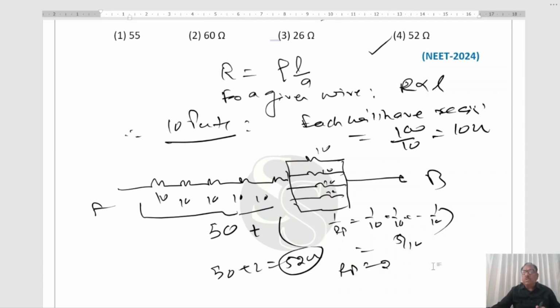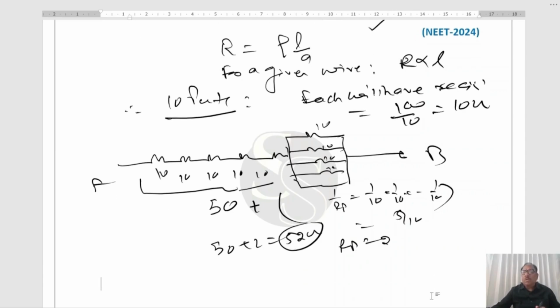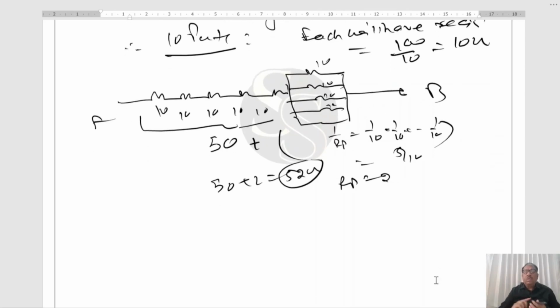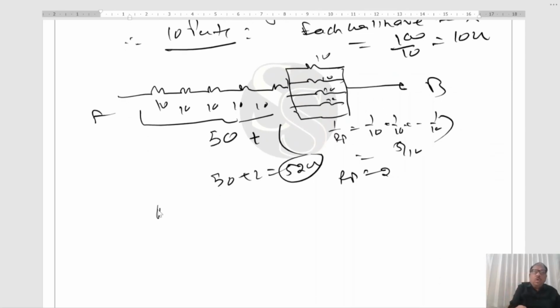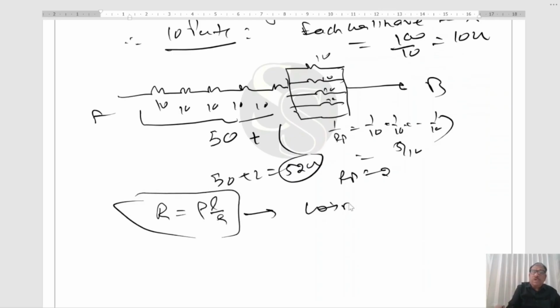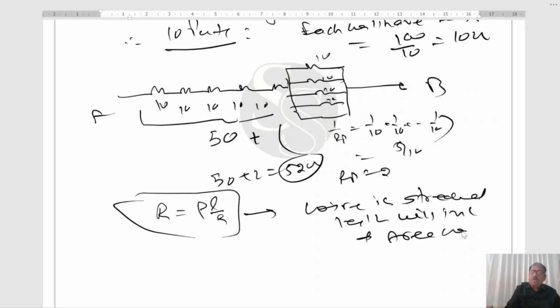Now, R equal to rho L upon A. If wire is stretched, length will increase and area will decrease.